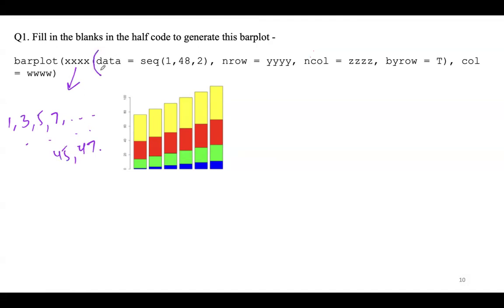And you see here the brackets: data, nrow, ncol, right? Do you remember where you have these arguments? Data, nrow, ncol, byrow. What command has that? Matrix, yes. So this has to be a matrix.